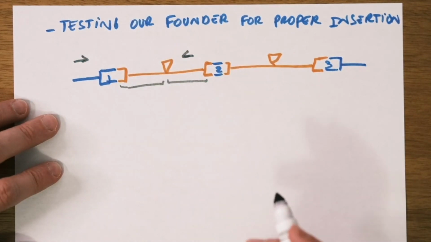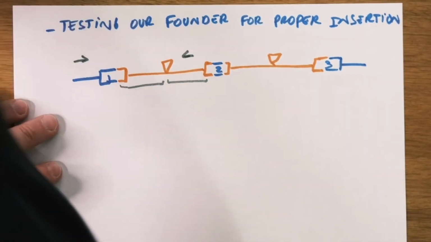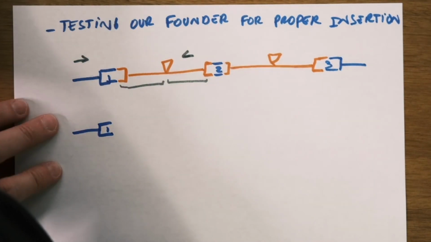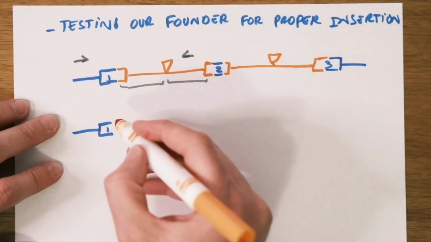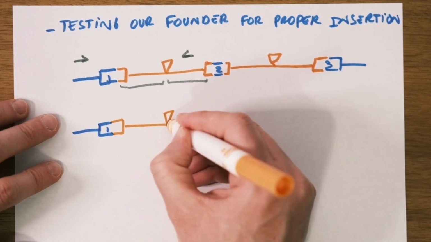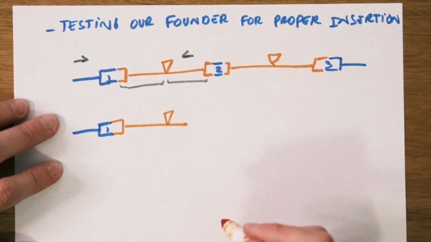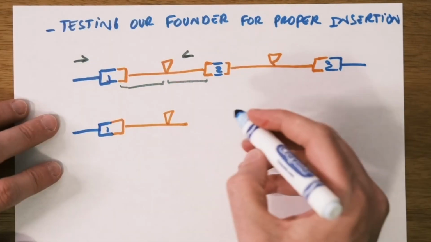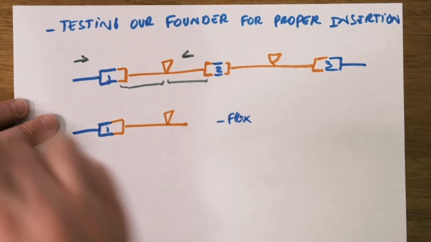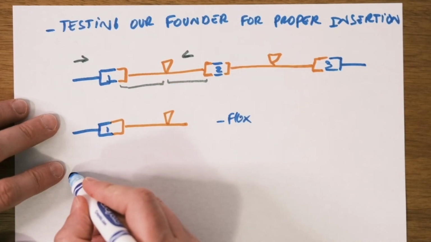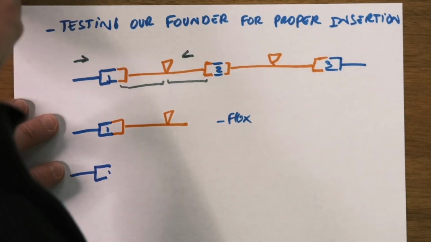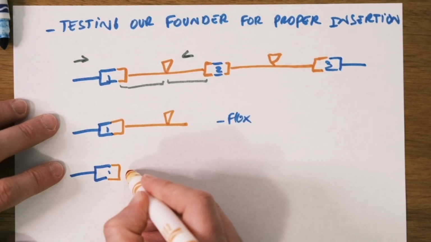If everything goes fine, we will have a situation where we have the amplification of this part of the genome that is followed by the amplification of this other part of the template, which includes the LoxP site. So this is what we expect for our Flox allele, but there can be situations where instead of having that LoxP site there, we can end up with nothing at all.